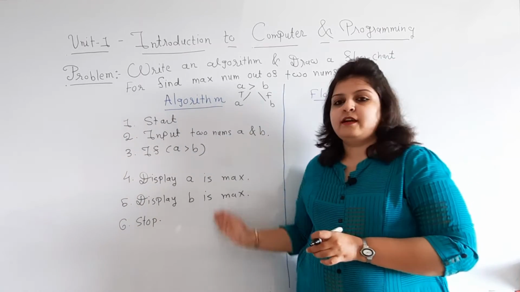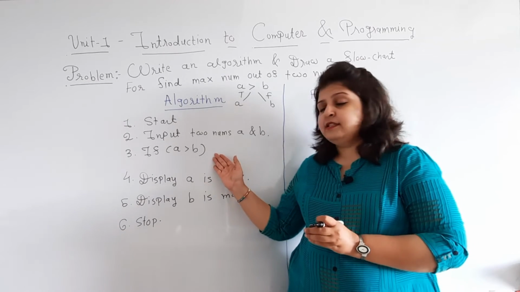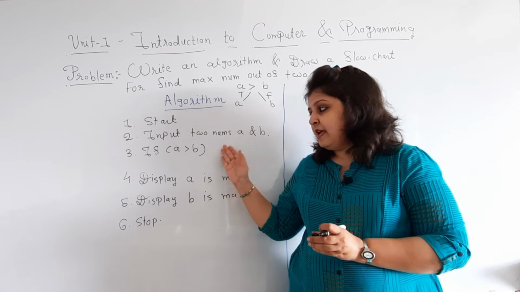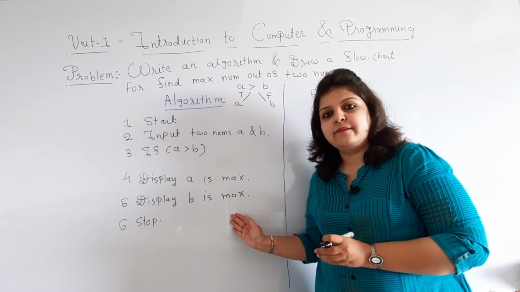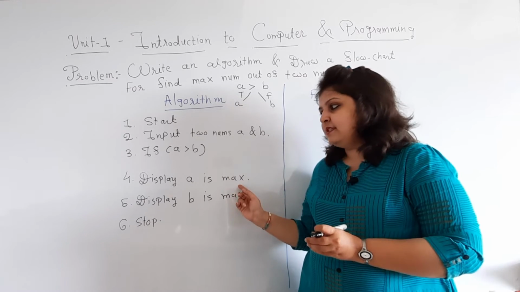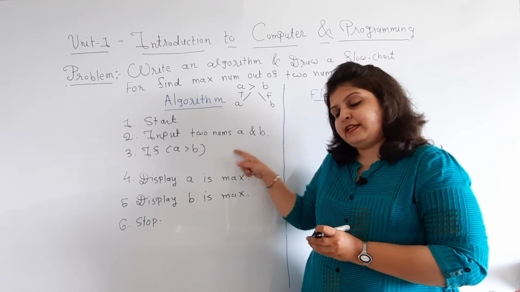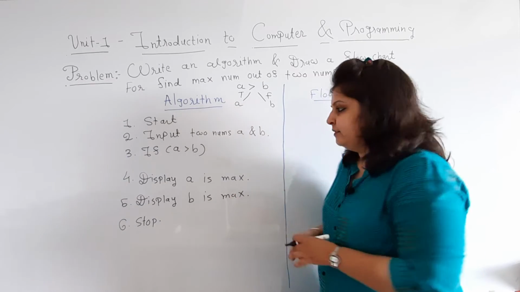But this is not our complete algorithm, because we have to set control so that if this condition is true, then execute statement number 4 only, not statement number 5. And if this condition is false, then we have to skip statement number 4 and directly jump to statement number 5. How can we write it?